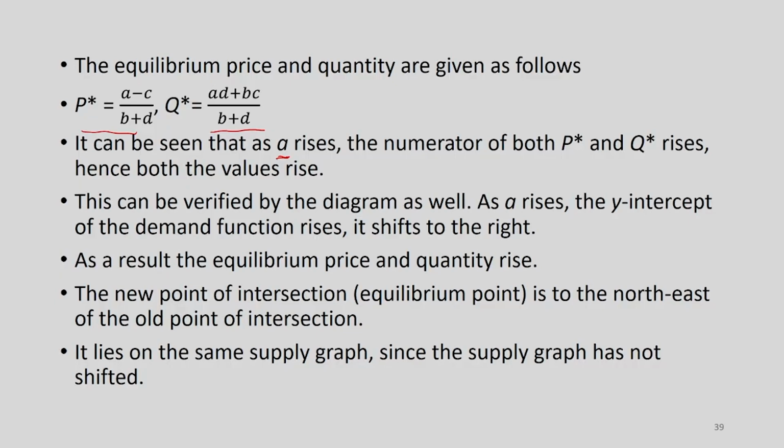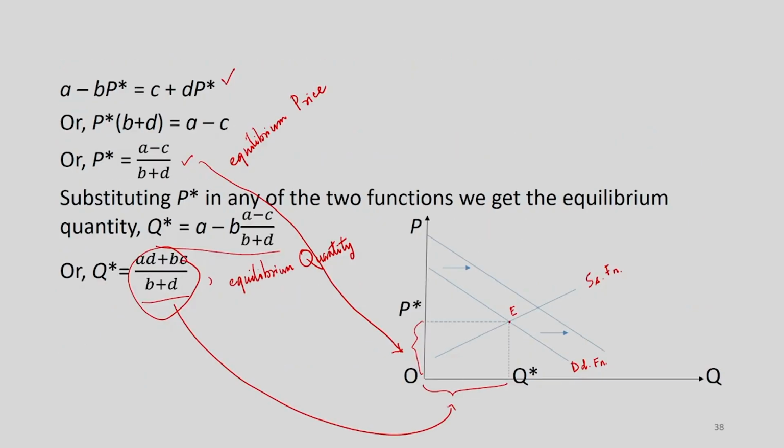And this can be verified by the diagram as well. As small a rises, the y intercept of the demand function rises, it shifts to the right. Let us see that. So, what was the demand function's equation? It was given by Q is equal to A minus B P, right.